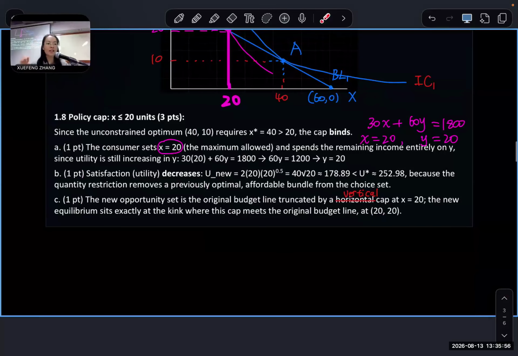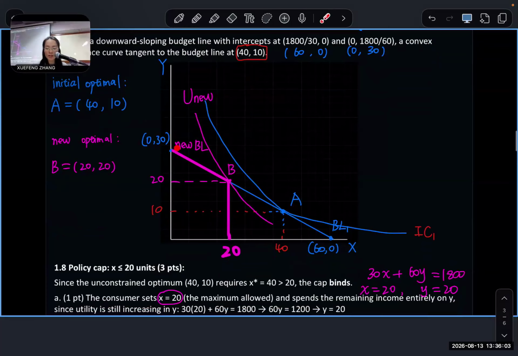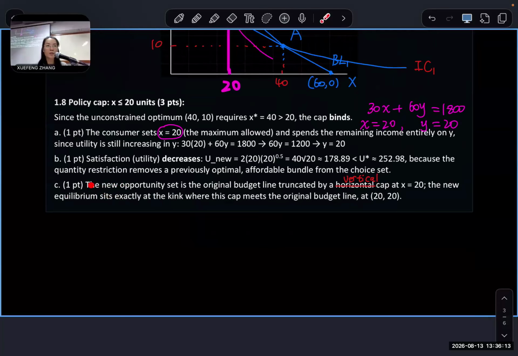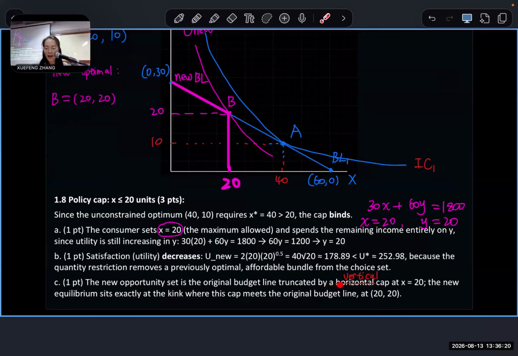Next one, let's see the first question. Okay, question C. Show the new budget line on the same graph as in 1.7. So I showed you here. This is our new budget line. This is our new indifference curve. This is new equilibrium. Okay. So here I showed you the explanation. The new opportunity set is the original budget line truncated by a vertical cap. Because here, right?